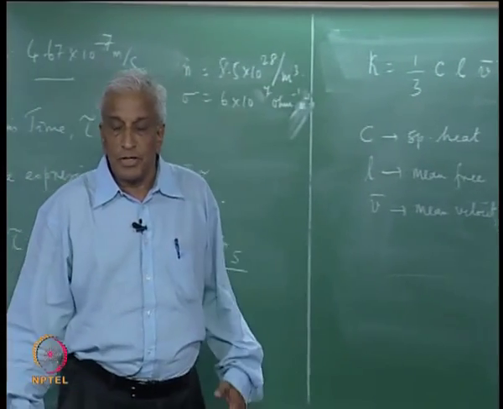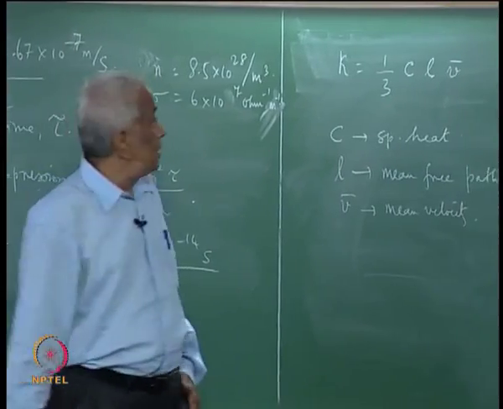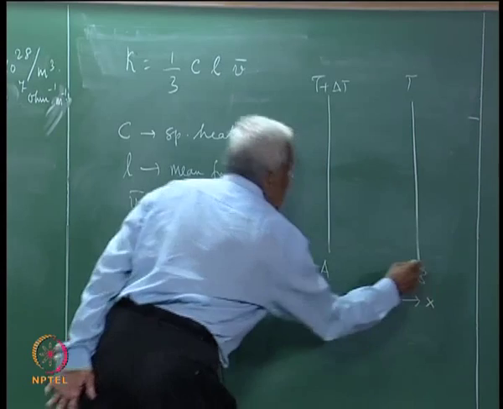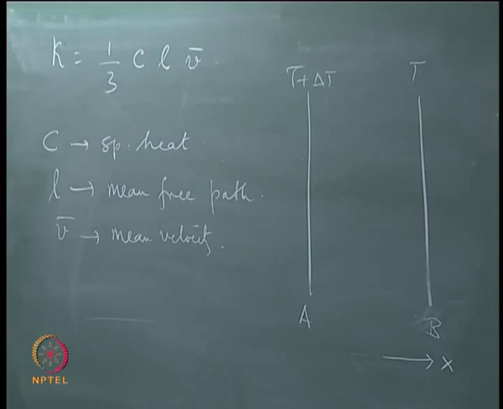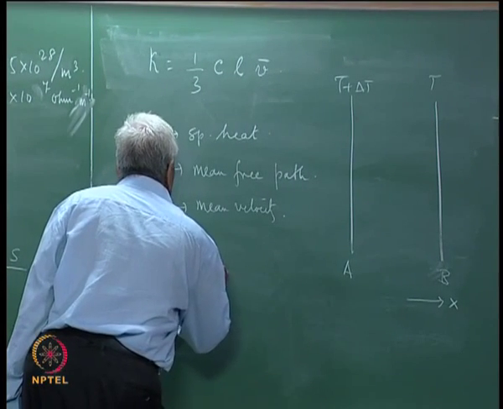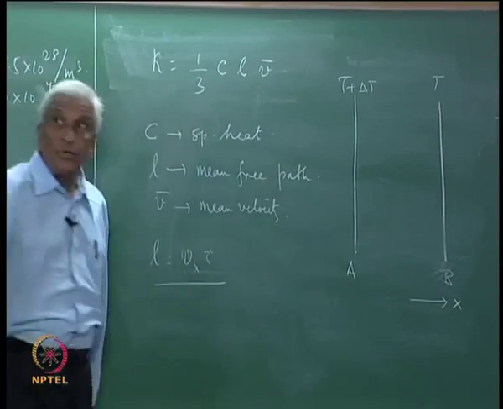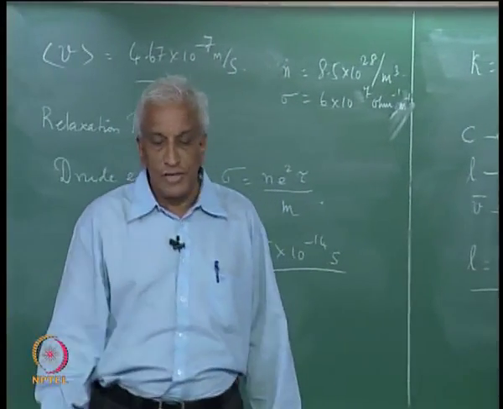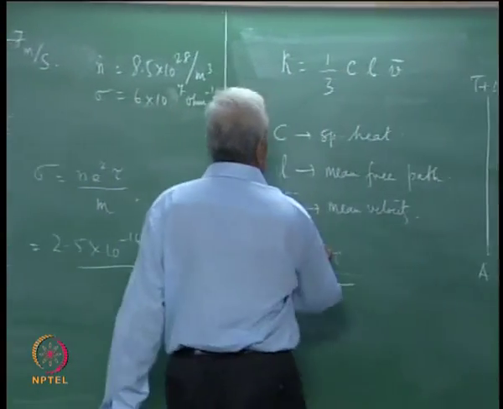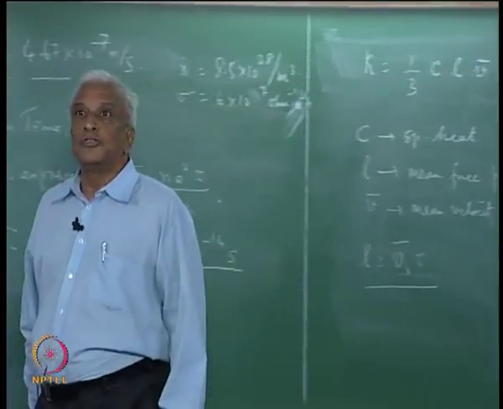Let us take these two sections, call them sections A and B. And the mean free path L is V x times tau, where tau is the relaxation time or collision time, and V x is the average x component of the speed.